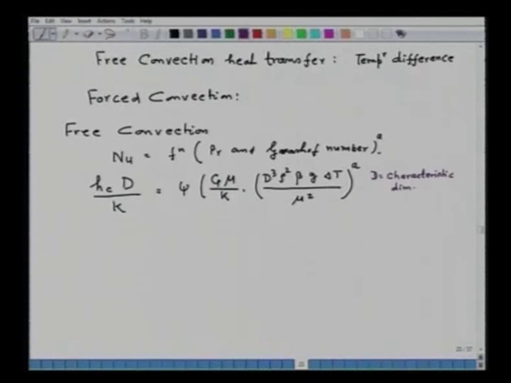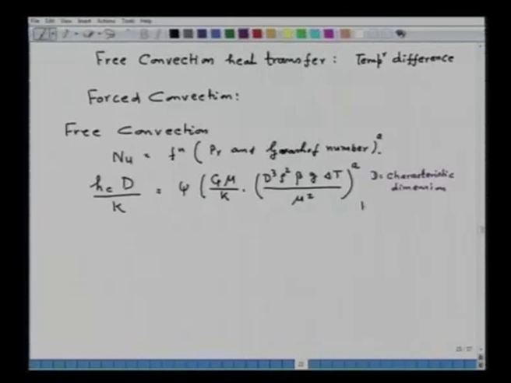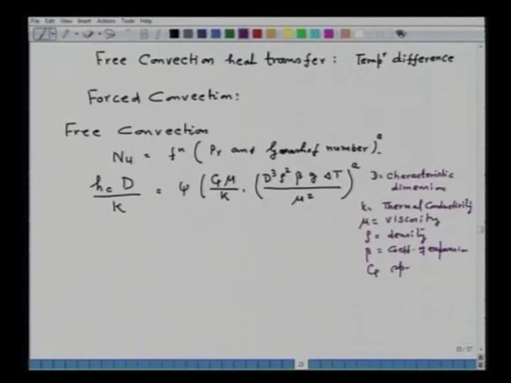In this particular form in which the equation is given, it is dimensionless, so it does not matter whether you substitute the values in FPS, SI or MKS system, but if you choose MKS, then all values should be substituted in the MKS system in this formulation. k is the thermal conductivity of the liquid, mu is viscosity, rho is density, beta is the coefficient of expansion, Cp is specific heat, and of course, delta T is the temperature difference.